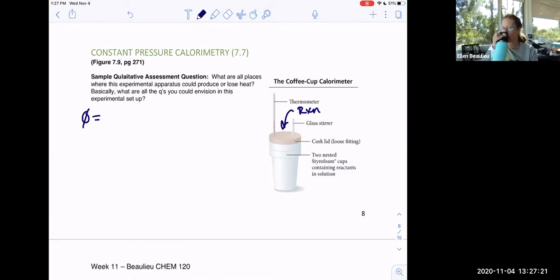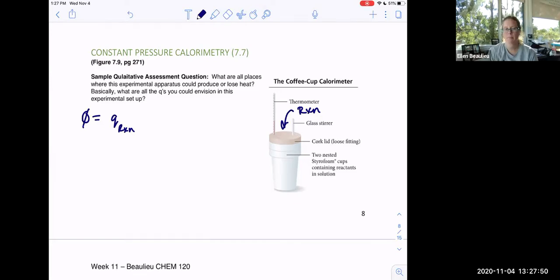What could take heat? I'll give you one for free: the reaction. It could be endothermic, it could be exothermic. We don't know. In the lab this week, you're going to try to figure out a delta H for 3 different reactions. What else?